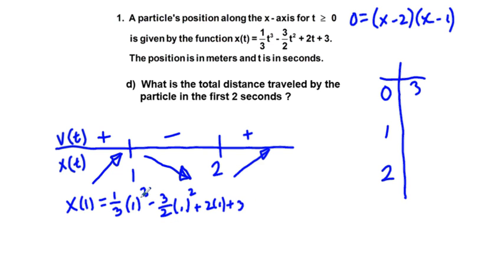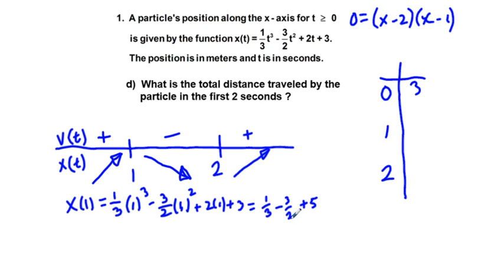And for that, we're going to have 1/3 of 1 cubed, which is going to be 1/3. And then minus 3 halves of 1 squared, that's just going to be minus 3 halves. And we're going to have plus 2 plus 3, so plus 5.